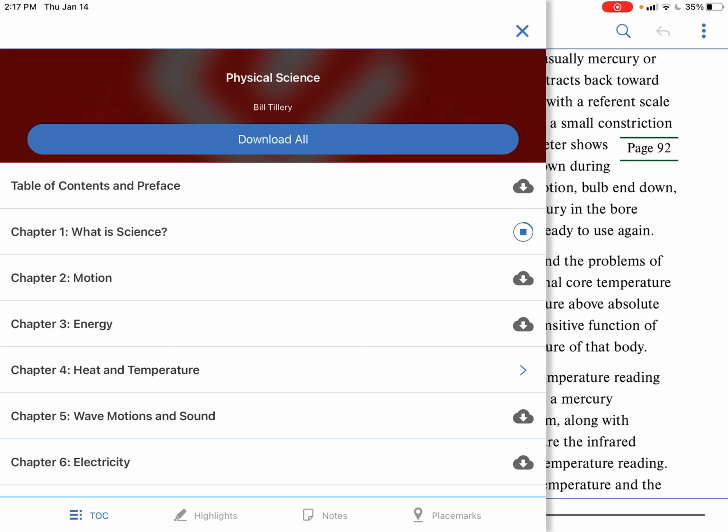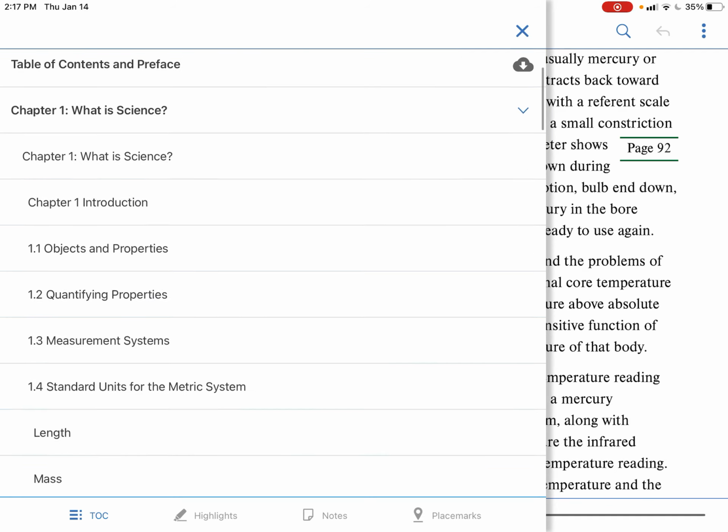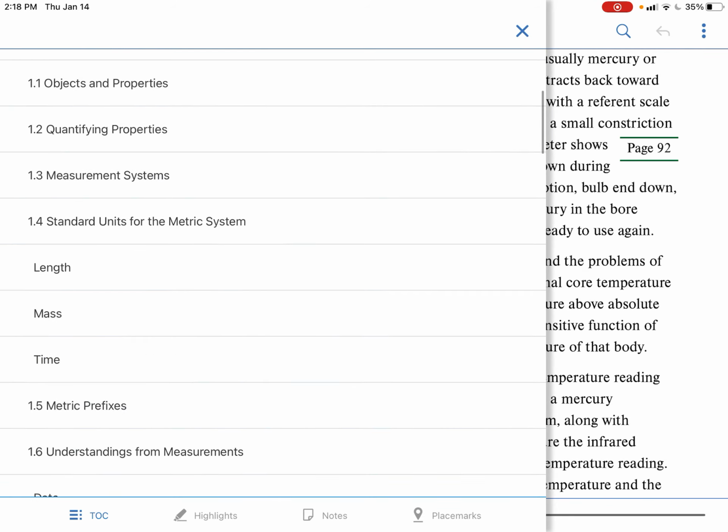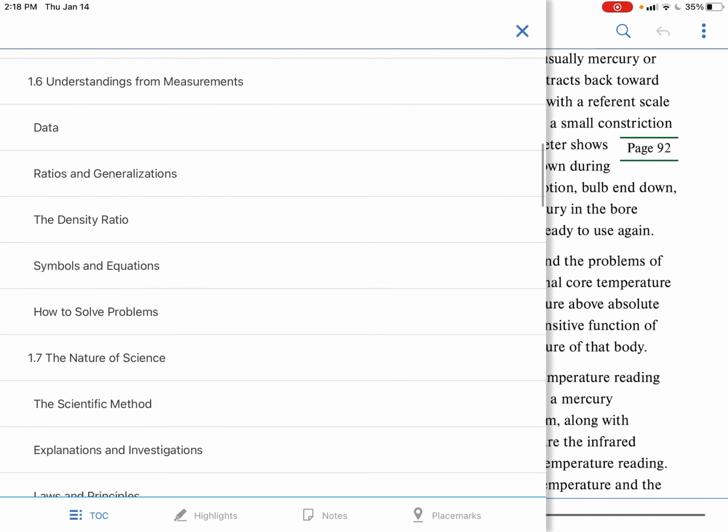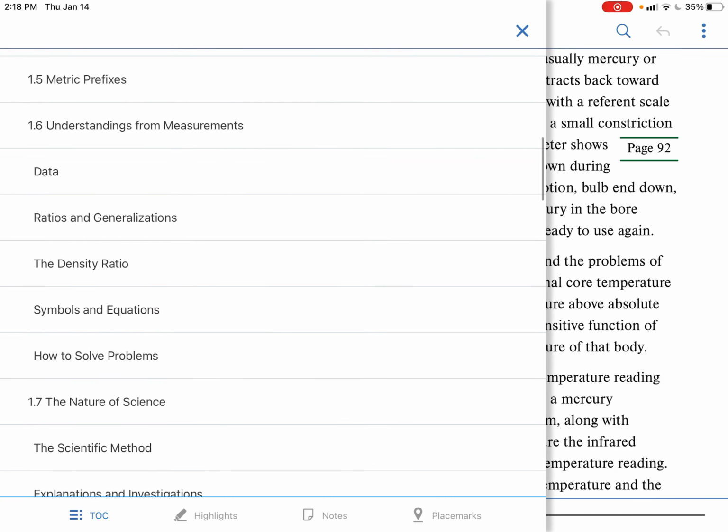I thought that it was already downloaded, but I guess it's not. All right, so once you go to it, it's going to ask you to download that chapter. And then you can go to the different sections that way.